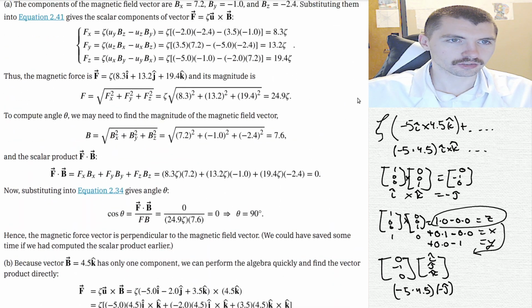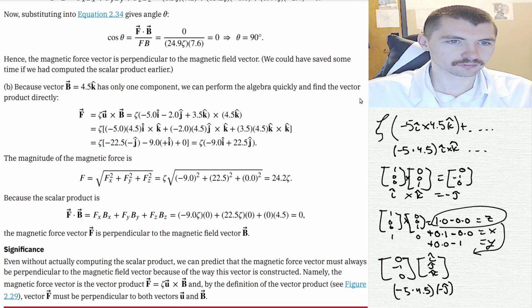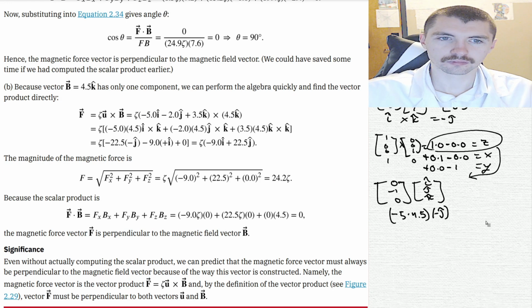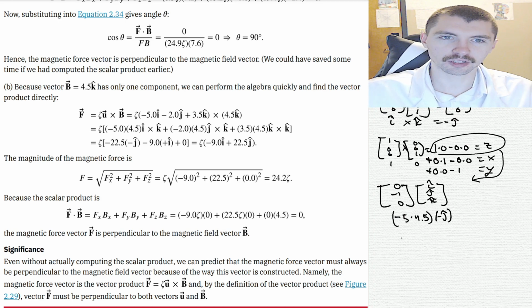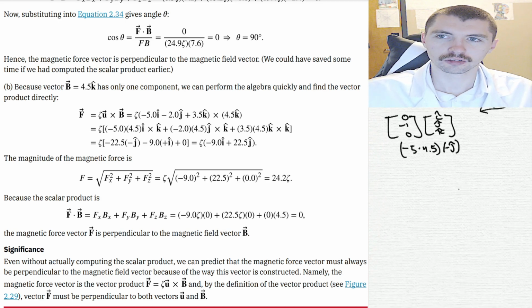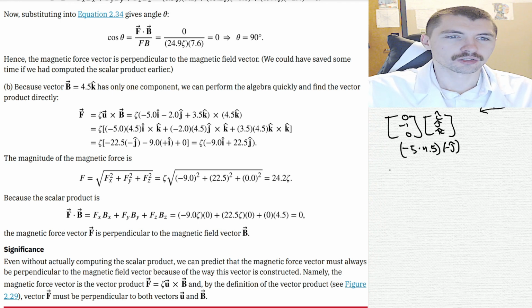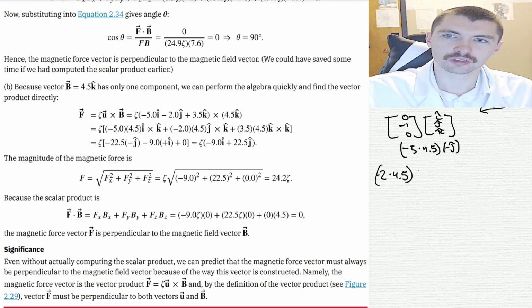All right, so what about, okay, so what about -2 times 4.5 j cross k.